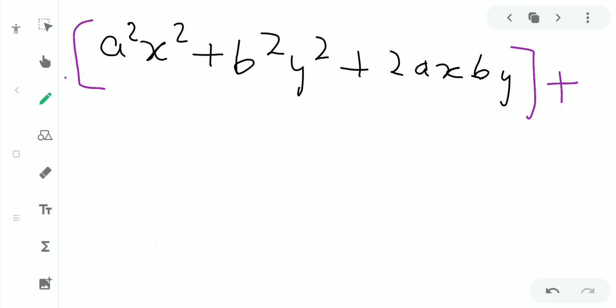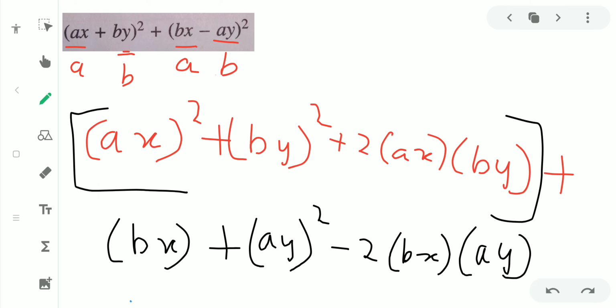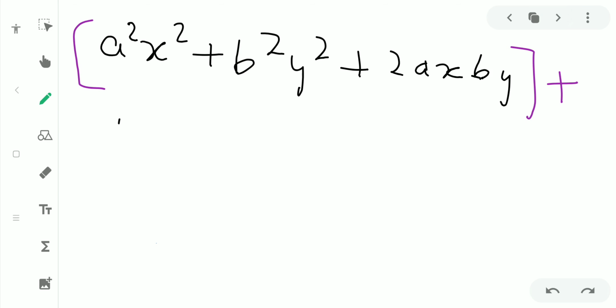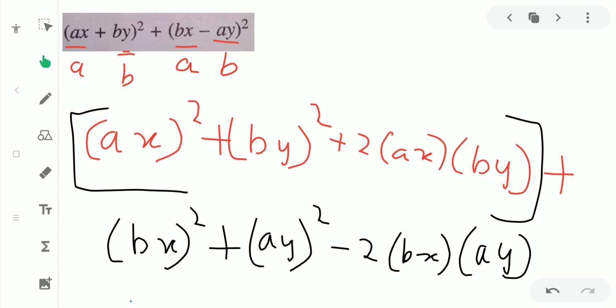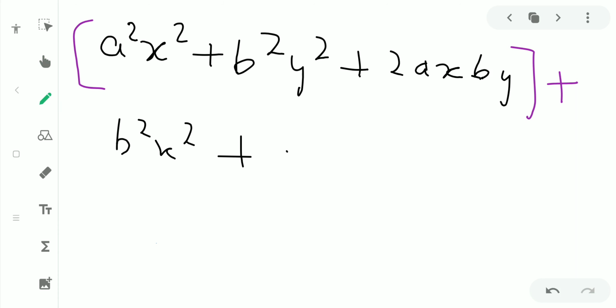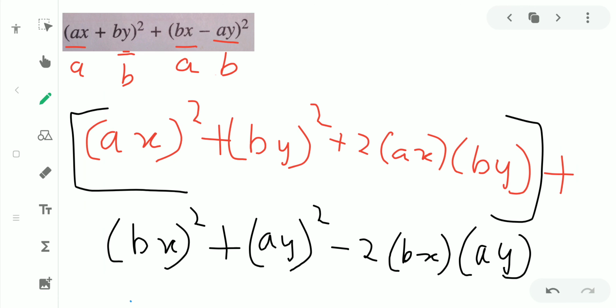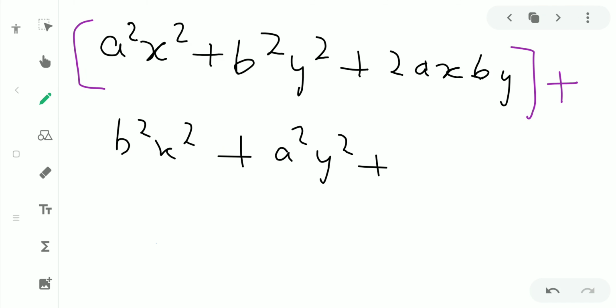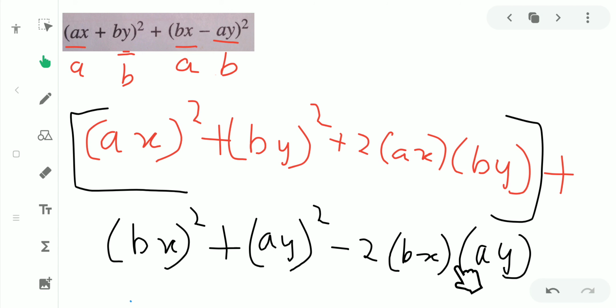Plus (bx) whole square, nothing but b square x square, plus (ay) whole square, nothing but a square y square, and now we are having this one as minus 2 into bx into ay.